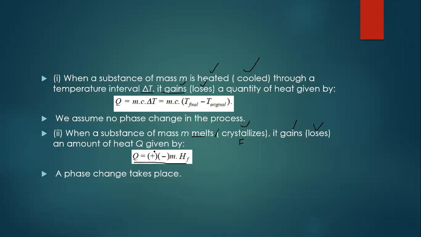Now the plus and minus you see here is because heat can either be gained or lost in the process. That's why we have plus or minus. So if it is melting, we'll have a plus. If it is freezing, we'll have a minus. But when you are doing your computation, we'll see whether we should put a plus or minus.